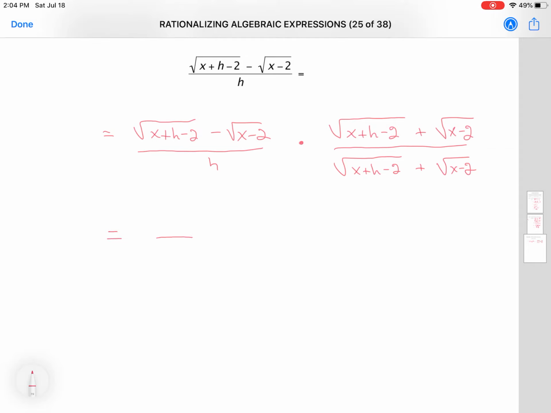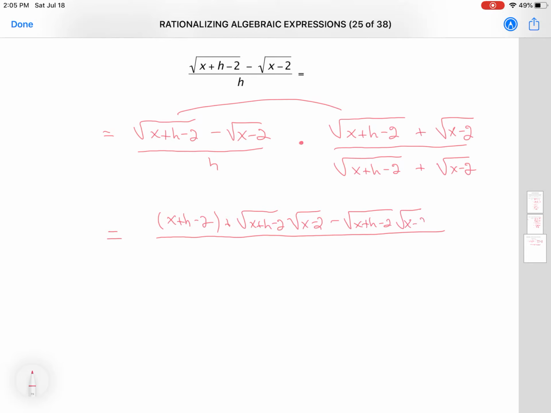All right, here the mutual conjugates are in the numerator. So I am going to have what? This times this is x plus h minus 2. Roots cancel out. Plus root of x plus h minus 2 times the root of x minus 2 minus the same thing.